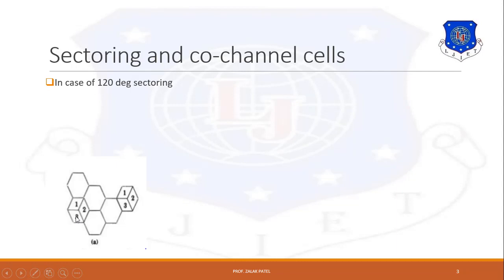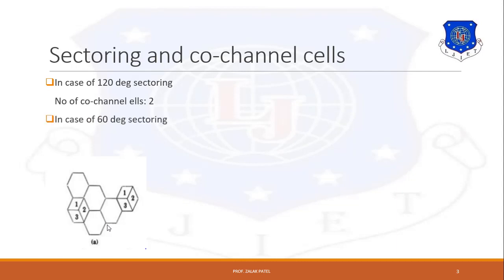Then you find out how many cells each partition touches. Here, this partition touches 2 different cells. That's why the number of co-channel cells is equal to 2 in the case of 120 degree sectoring.